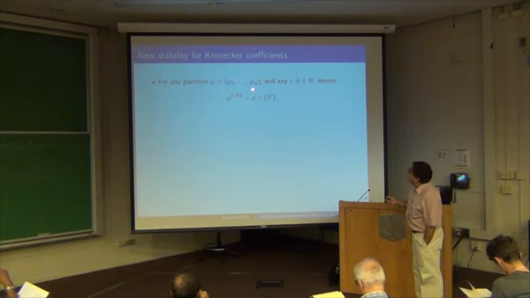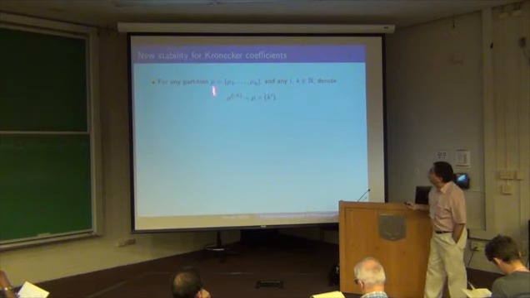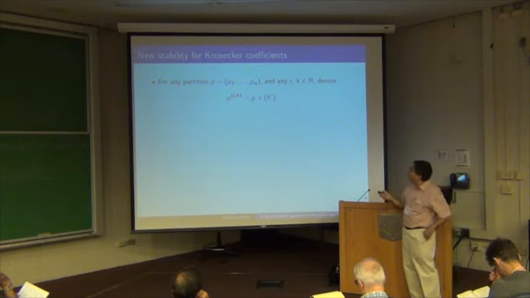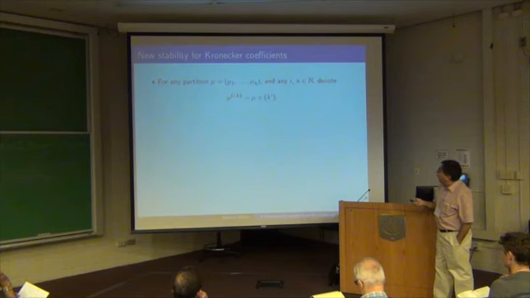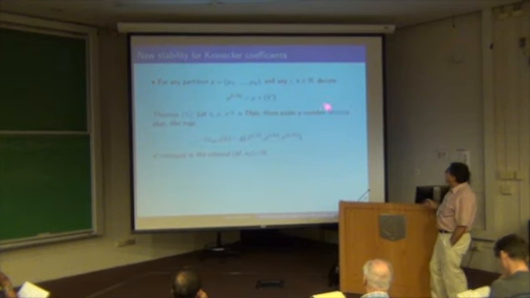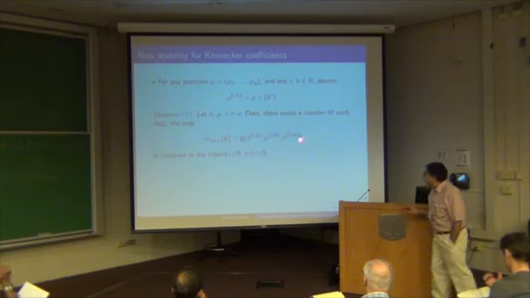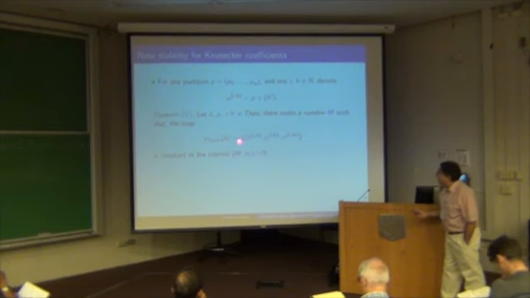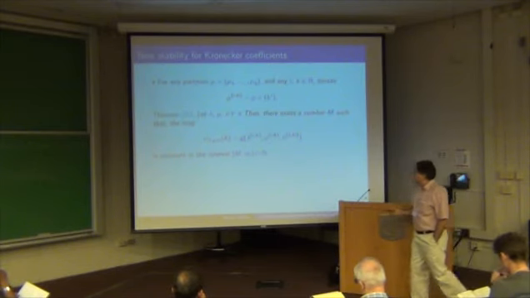So given any partition mu, and any I and any K, let's denote mu I K this sum. This means you add K to the first I rows of mu. And then, given lambda, mu, and nu, there exists a number m such that the map that depends on K, g of lambda I K, mu I K, and nu with K added, is constant in this interval.